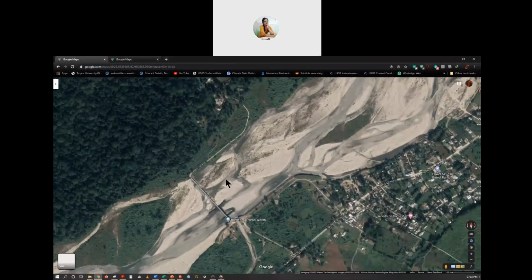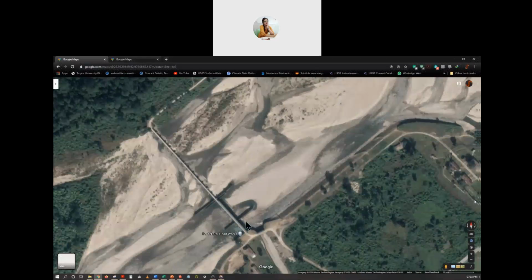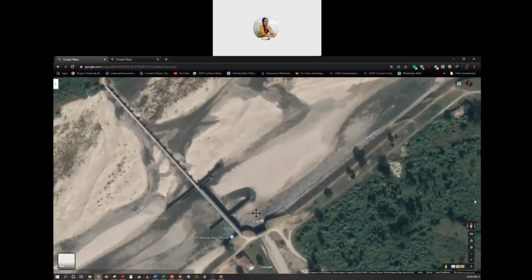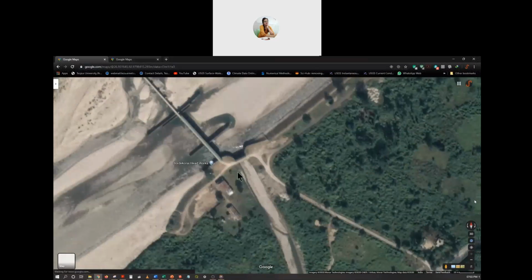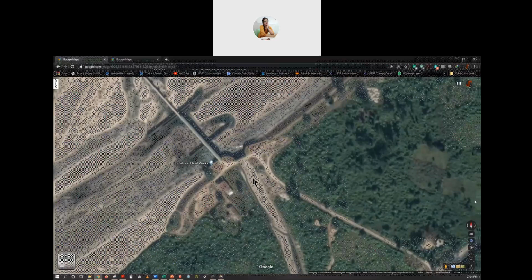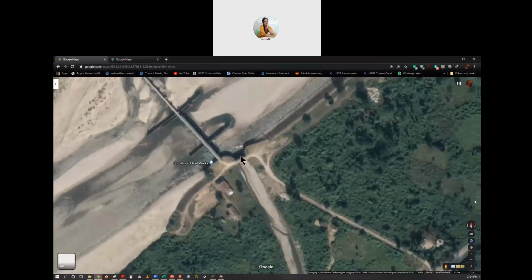Now, this place, as you can see, here we have all the gates. Those gates, when opened, will let water from the river to enter this canal, and when closed, the canal will remain dry. Now let's look at a clearer picture here.